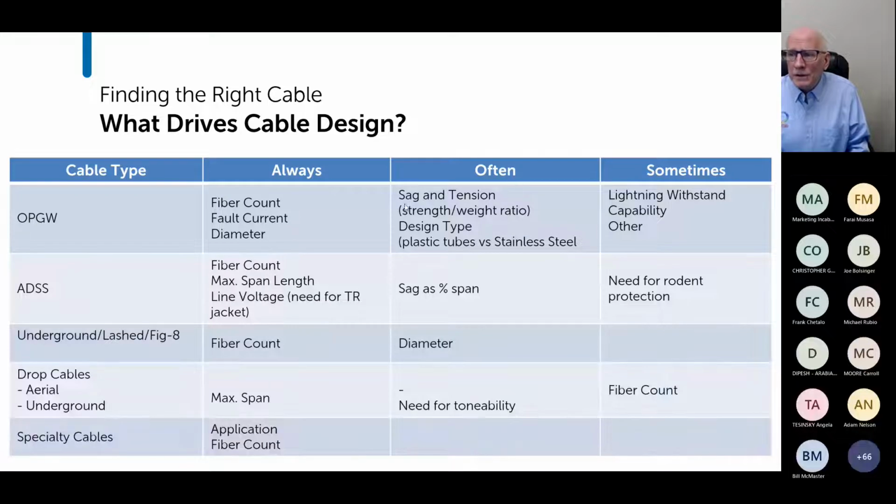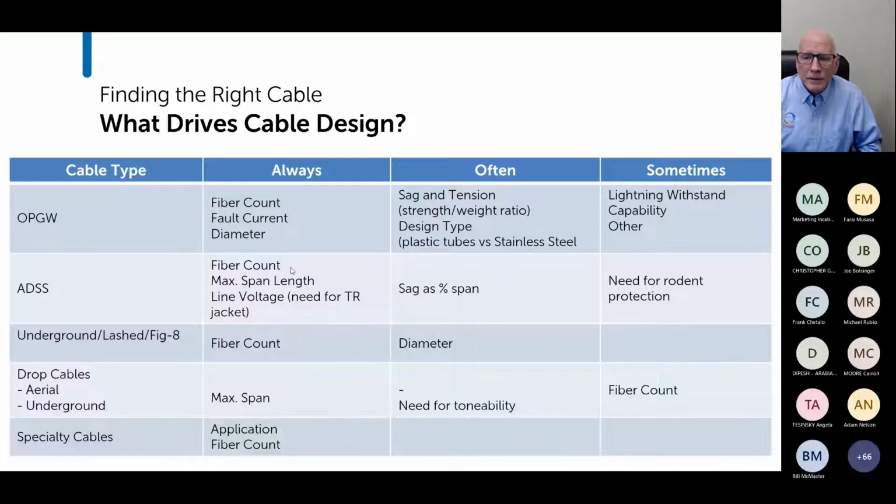These things always come into play. Often you'll also see the specific sag and tension requirements that are an issue and come into play, and the design type. In particular, if a customer wants plastic buffer tubes versus stainless steel buffer tubes, this will drive a cable design. And then sometimes lightning withstand capability is an issue, or the customer has something else that they need the cable to do specifically, or some other requirement for it to meet, and that comes into play.